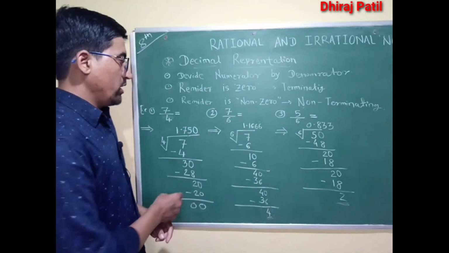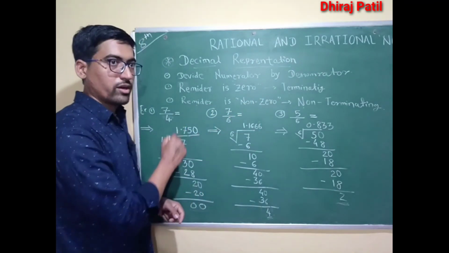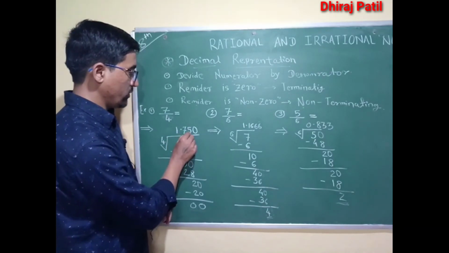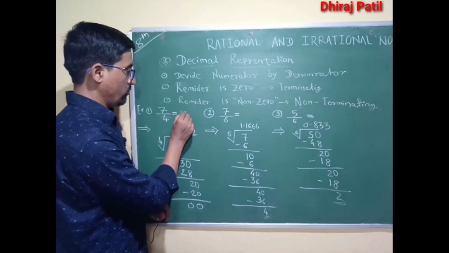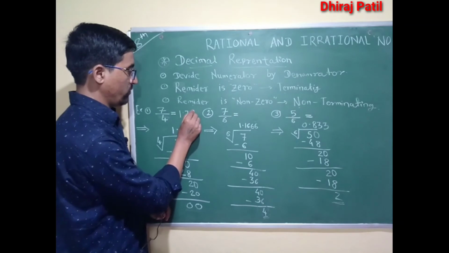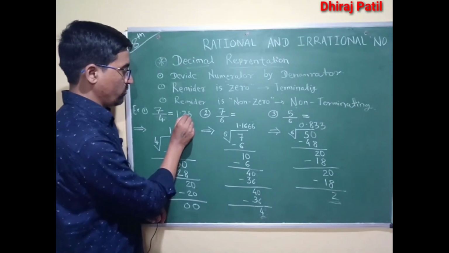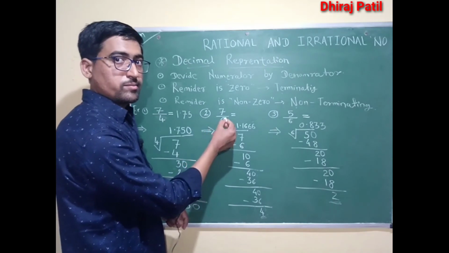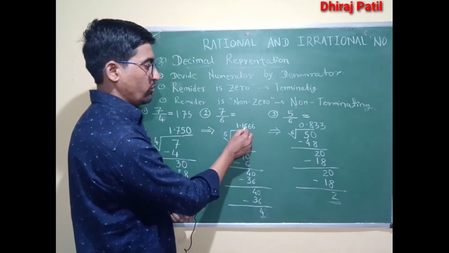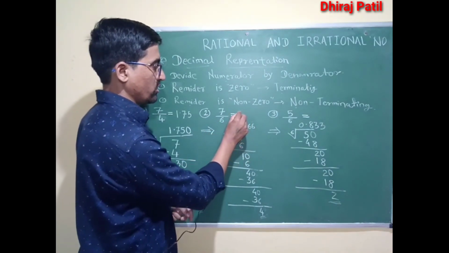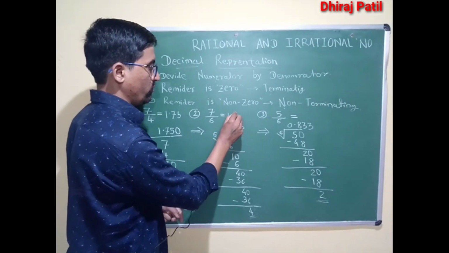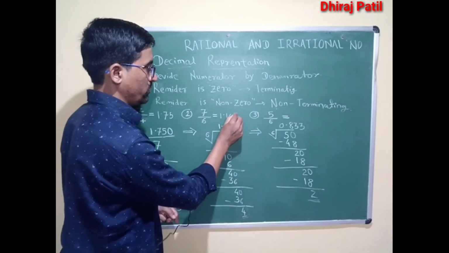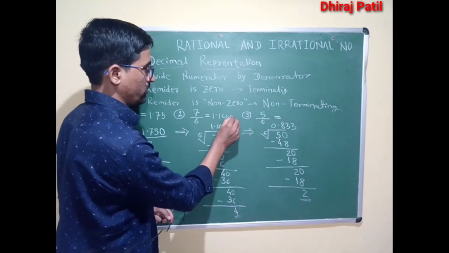So friends, here we write down our answers. The first answer is 1.75. The second answer is 1.1666.